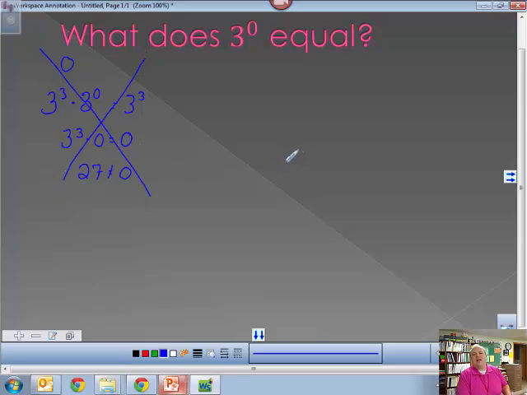Okay, let's try another way. Let's say that 3 to the 0th power is simply 3. Let's use the same deal. Let's see if that works this time. Well, 3 to the 3rd times 3 to the 0th: if I have 3 times 3 times 3 times 3, because we're saying 3 to the 0th power could be 3, well, I know that's 9 times 3 times 3.